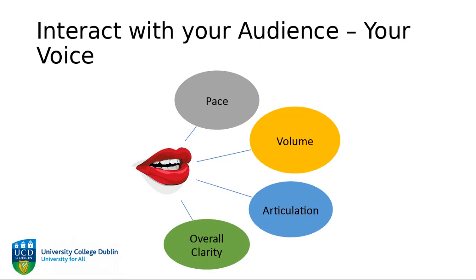And then generally speaking, it's just the overall clarity of your voice as you are going through the presentation. Can your audience understand what you're saying? And as I said, practicing in front of other people can be really useful to do this first, because it gets those initial nerves out and done with, and the people you practice for can say, I didn't really understand this point because you spoke too fast, or different things like that.